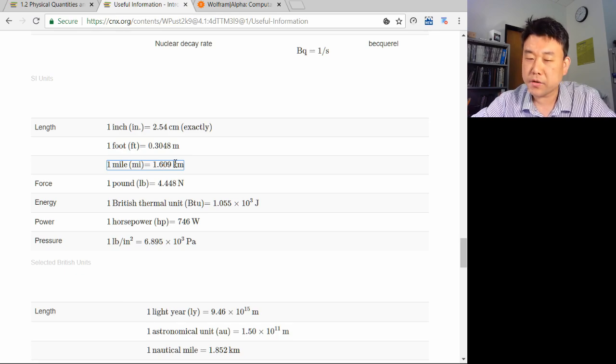I see that the conversion factor I have doesn't have 1 kilometer, so I'll need to change a little bit what I write. But what I can say is 1 mile is equal to 1.609 kilometer.